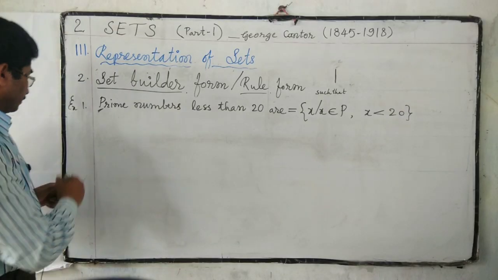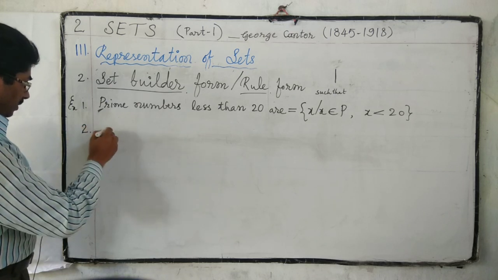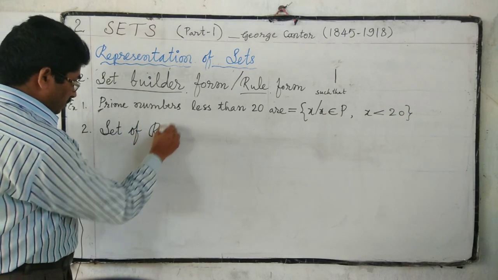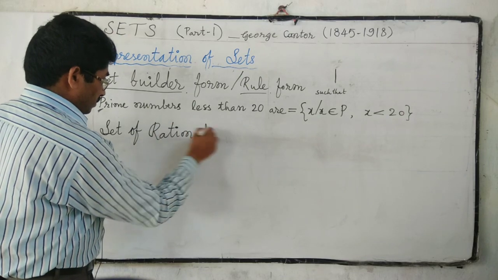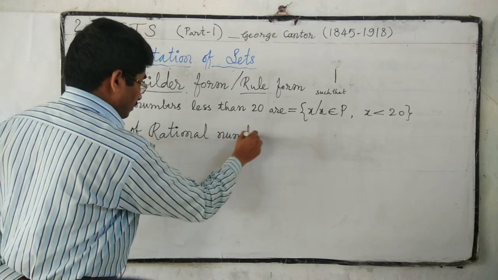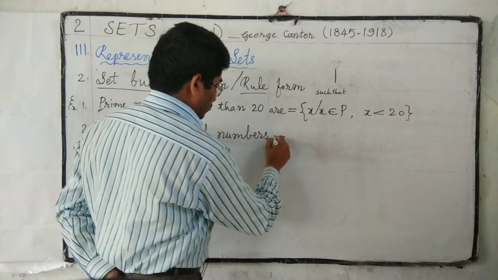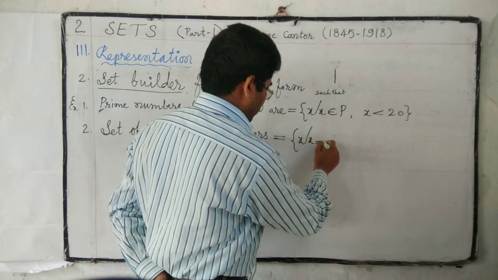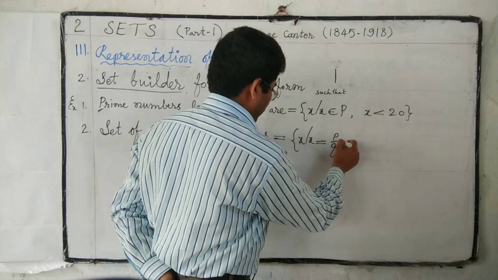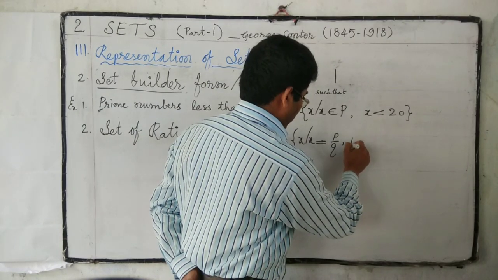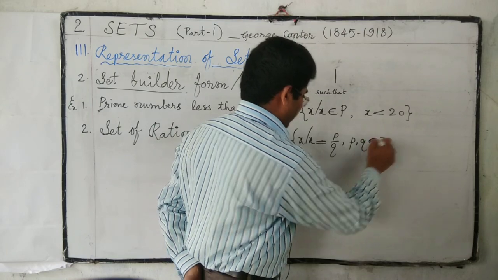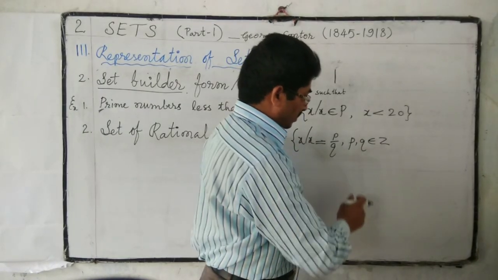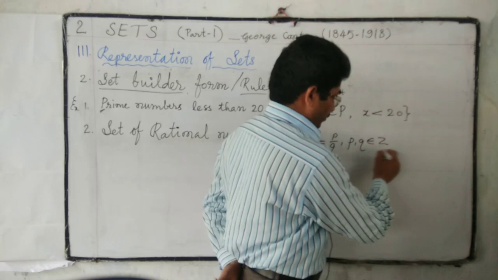One more example. Set of rational numbers is equal to x such that x is equal to p by q, p, q belongs to Z. We have to mention the characteristic of these elements. p and q belong to integers.